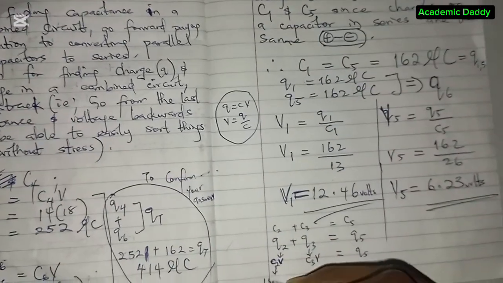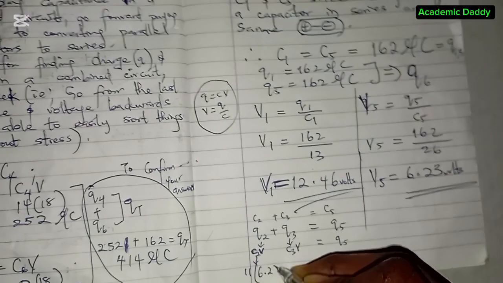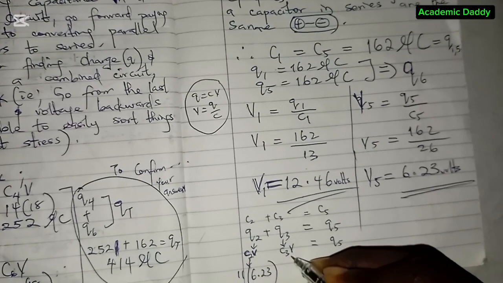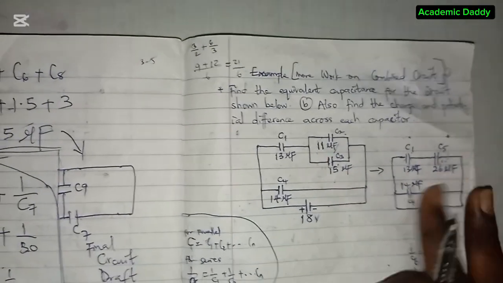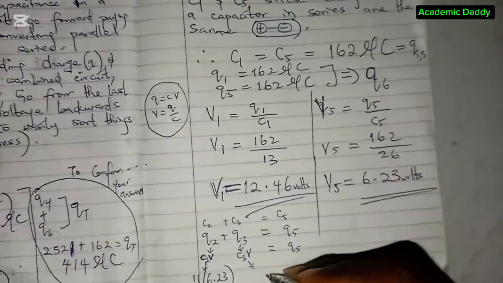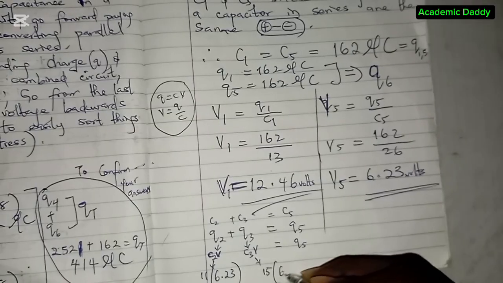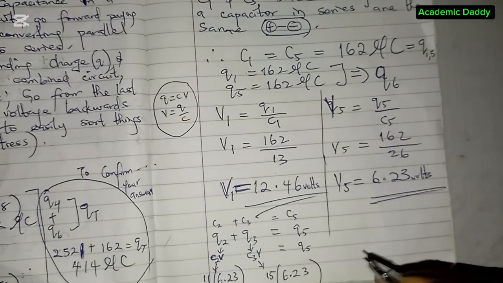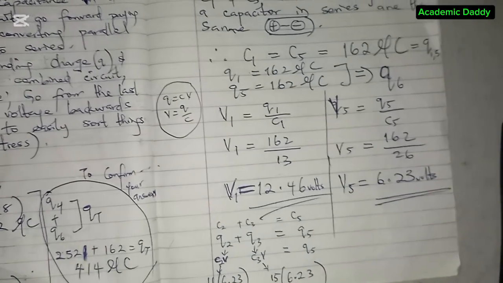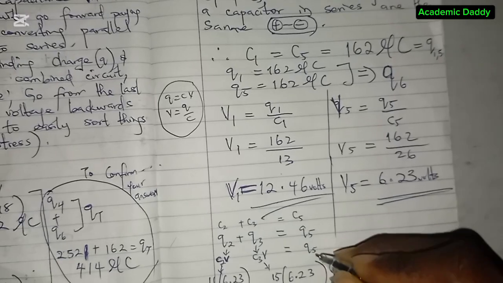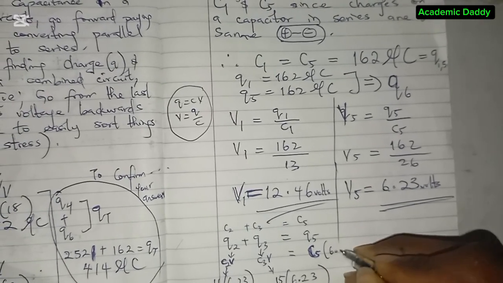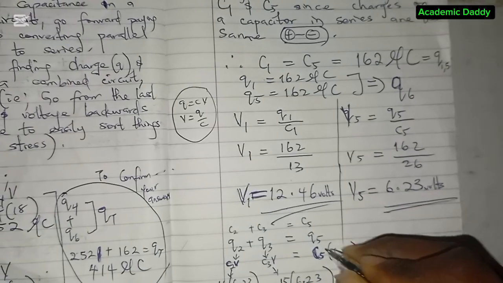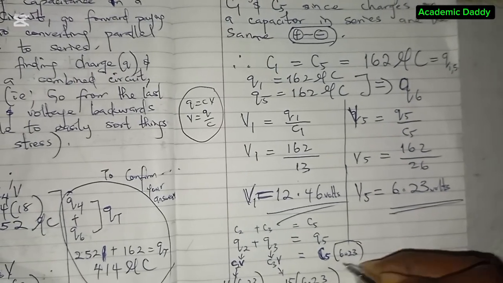C3 is 15. So I'll just do 11 times 6.23, then the other one is 15 times 6.23. That is C5 times the voltage 6.23.